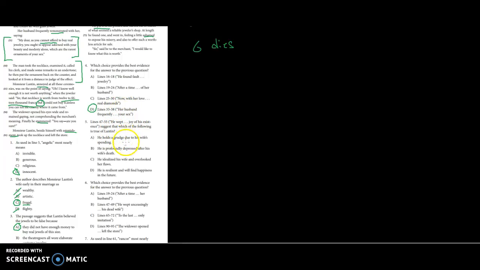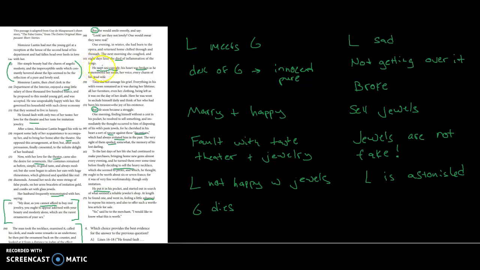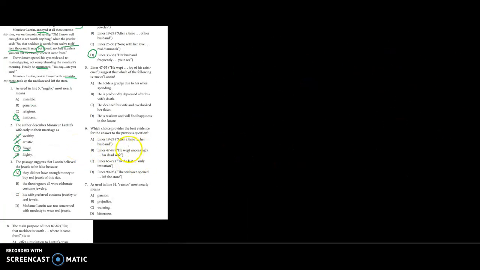Anyway, let's move on real quickly. 5. These lines right here, "he wept," suggest which of the following is true. Well, we had that part right here. He wept unceasingly, his heart was broken. Well, he's very sad and not getting over the death of his wife. So which of these would fit with that? It says he holds a grudge due to his... No, that wouldn't work.